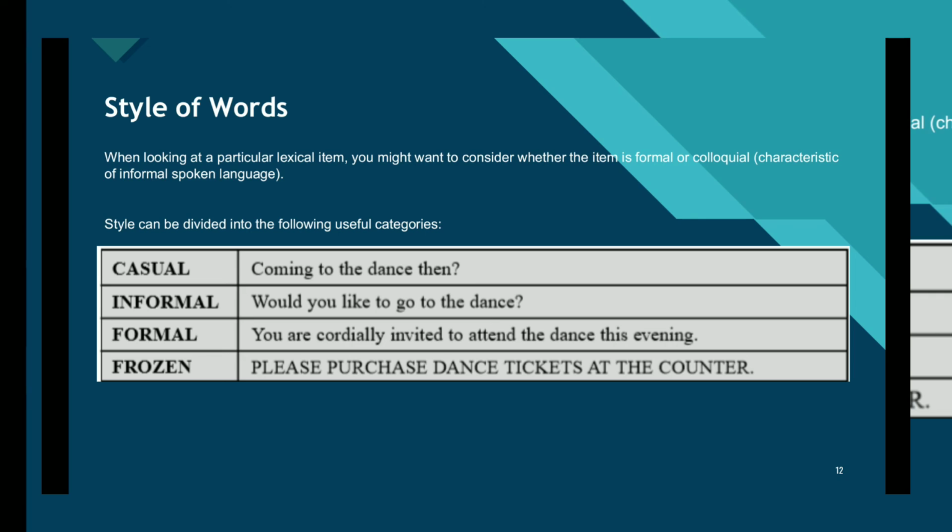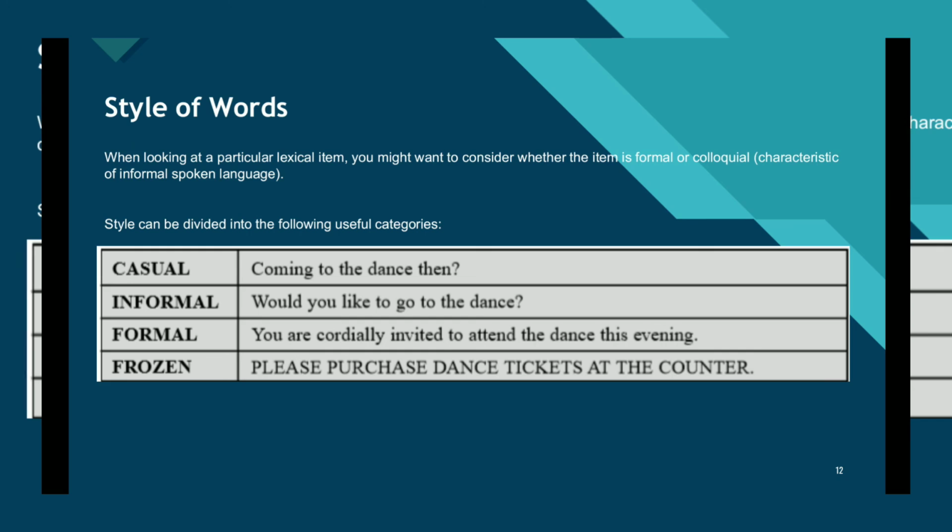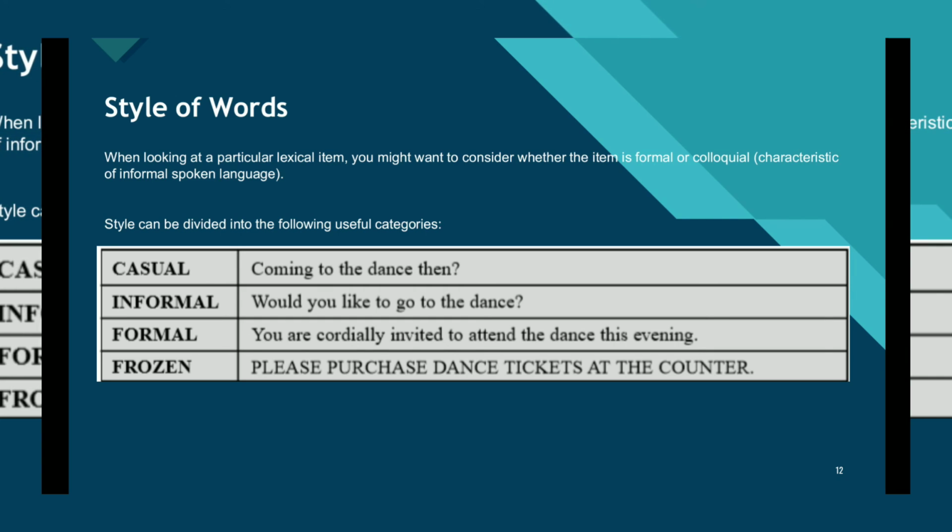Style of words. When looking at a particular lexical item, you might want to consider whether the item is formal or colloquial, or we can call it informal spoken language. In short, style is to do with variation in formality, and style can be divided into the following useful categories.